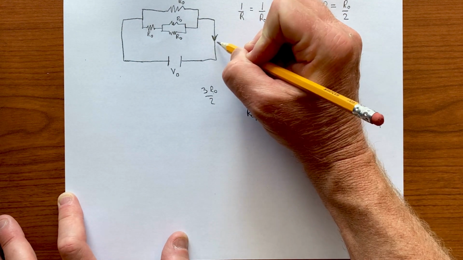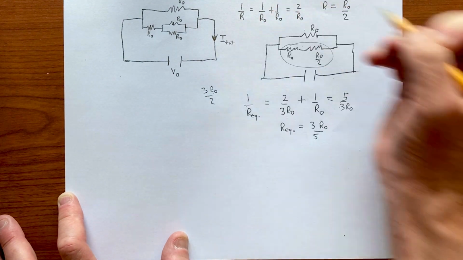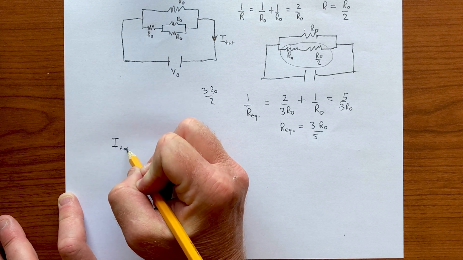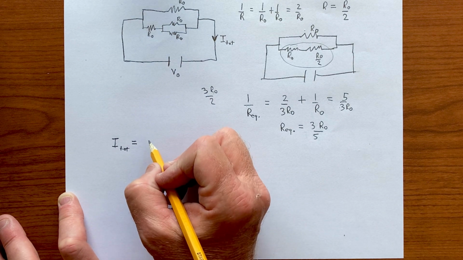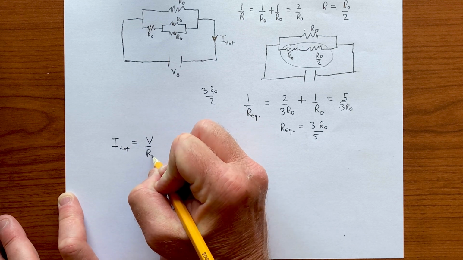So the current going through here, let's call it I total. If this is an ohmic circuit, then I total obeys Ohm's law, V equals I R, so it's V over R equivalent.